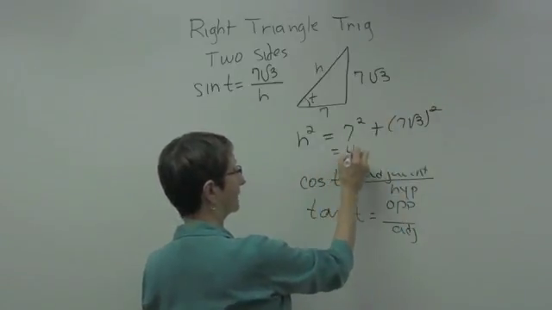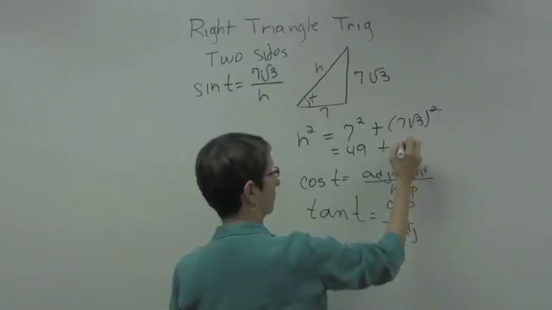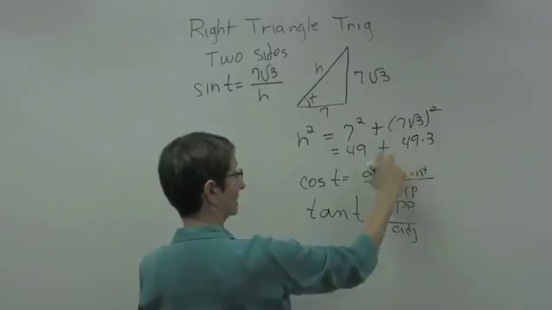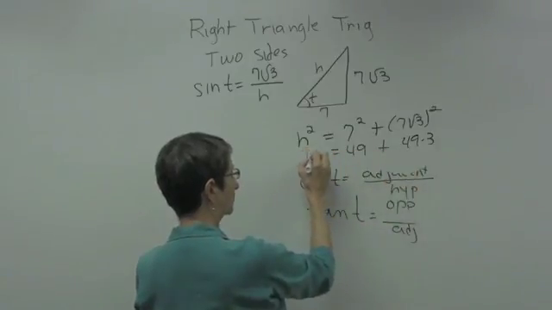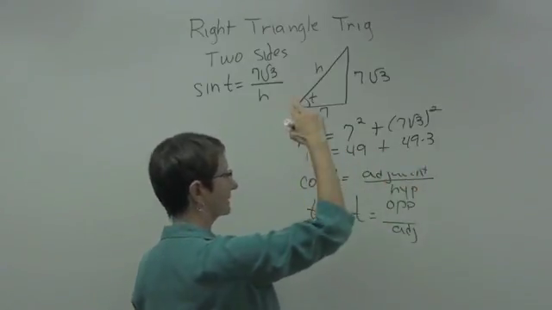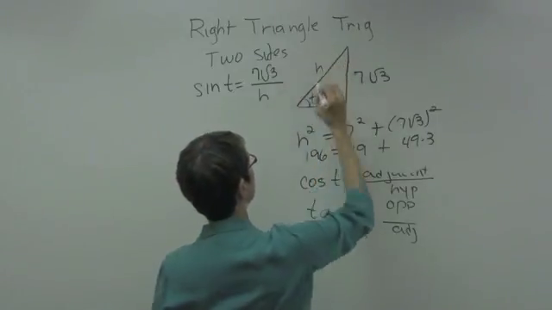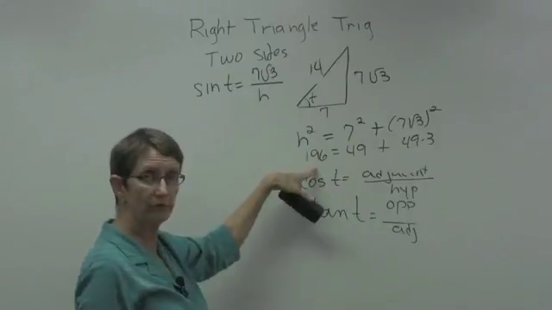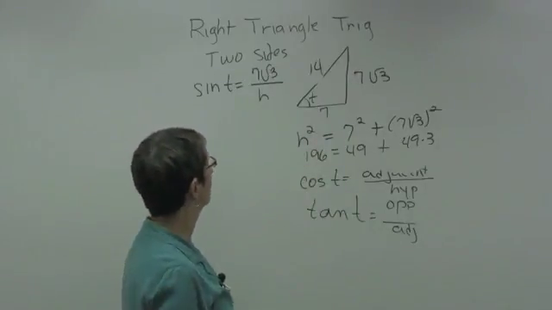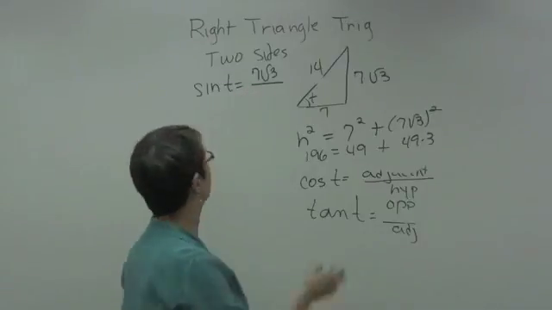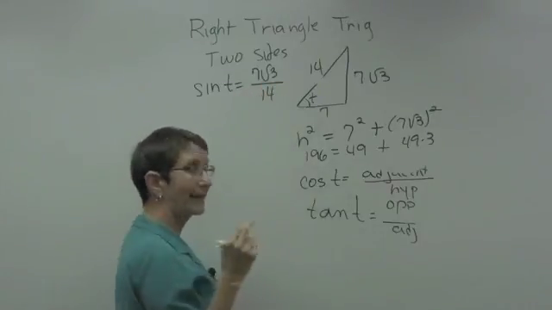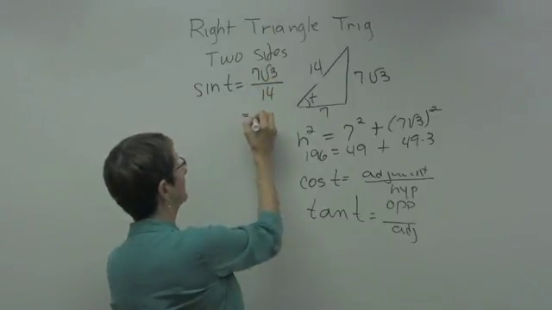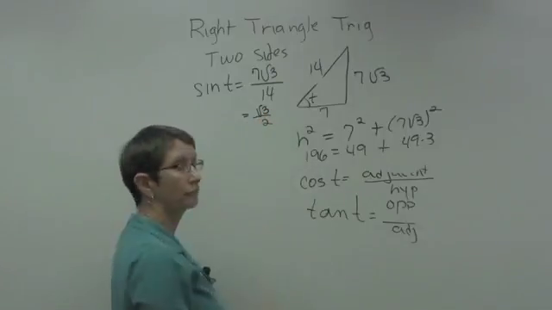So I have 49 plus 49 times 3. Remember, you square each piece. I add those up, and this ends up to be 196, which gives us a hypotenuse of 14. Take the square root of that to get the hypotenuse. So up here, I have 7 square root of 3 over 14. Now I can reduce that because the 7 can divide into the 14, and that gives me square root of 3 over 2.